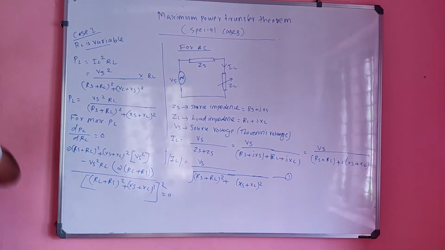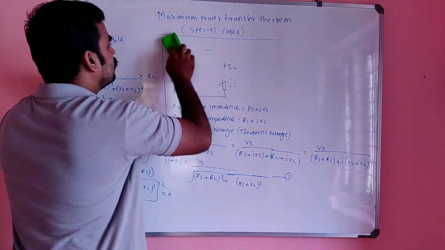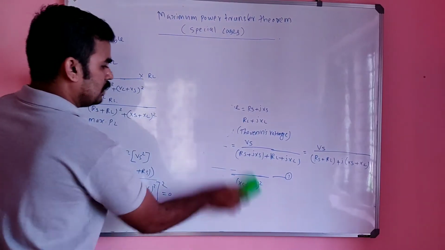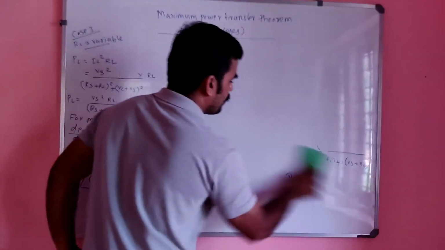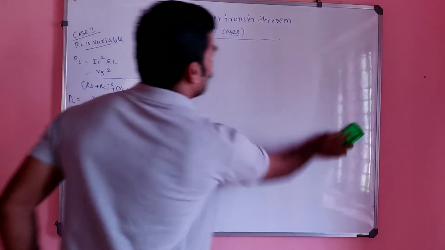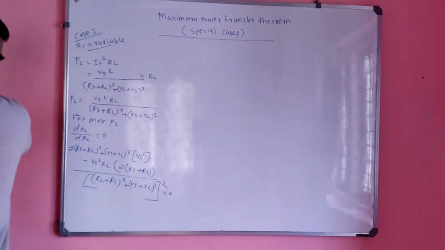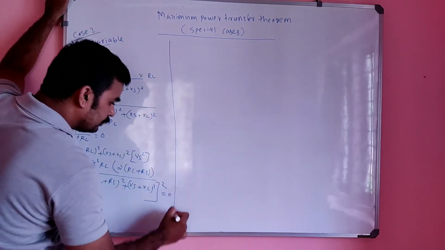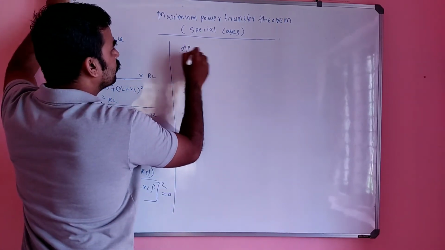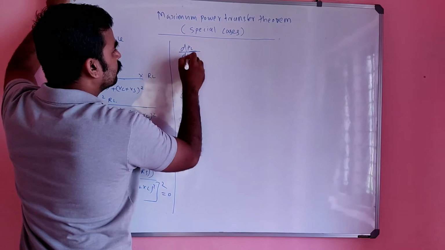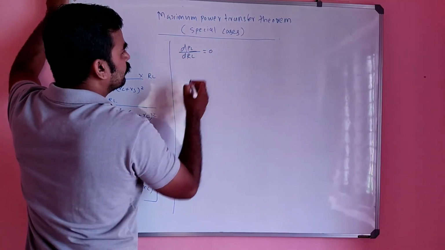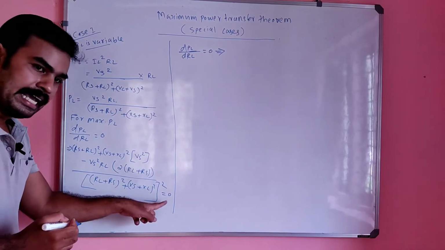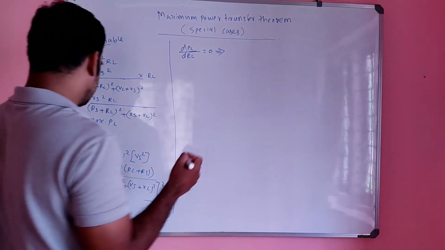So the denominator goes away, since it will always be nonzero, and no need to write it again.